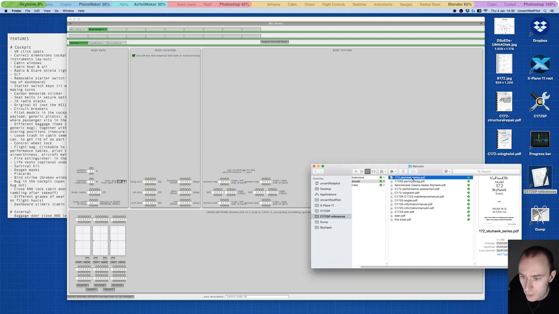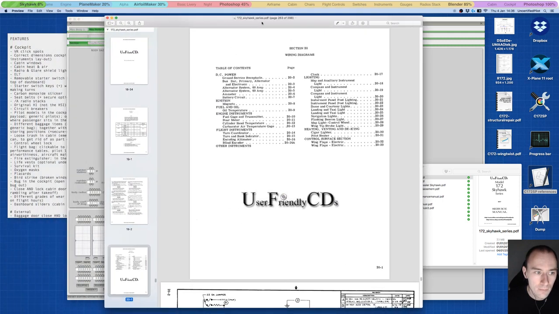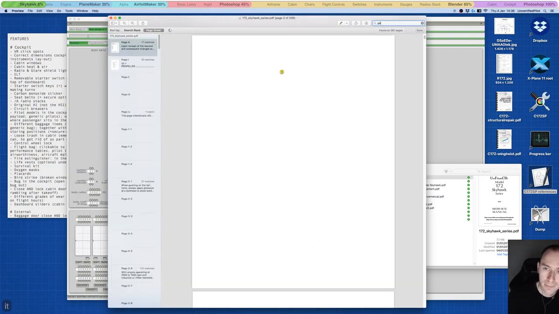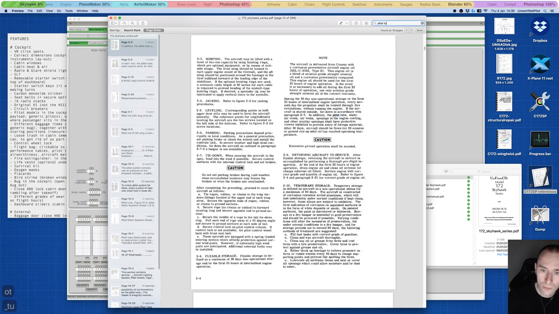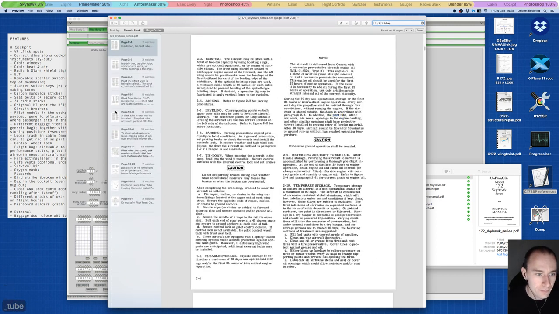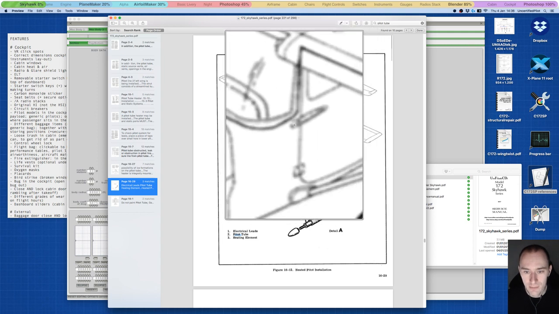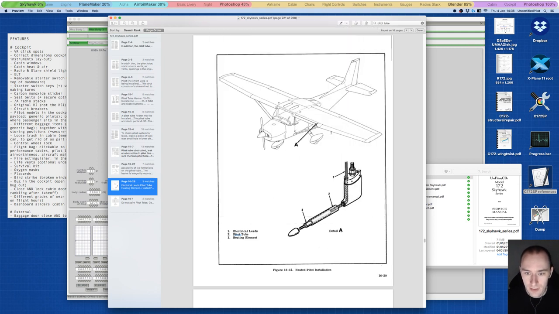What's this? Service manual. That's a good one. Pitot tube. Yes. That's the picture though. Also nice to see how it is wired, I should say, not how it works.